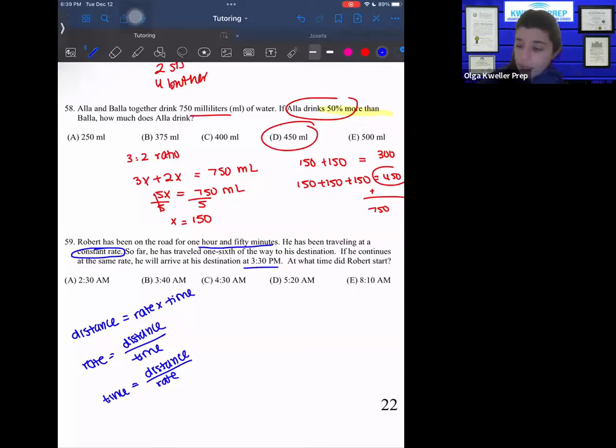Now we know that in an hour and 50 minutes, he traveled 1/6 of the way there. So 1 hour and 50 minutes got him 1/6 of the destination. So how do I figure out how much time it would take him to travel the full destination?